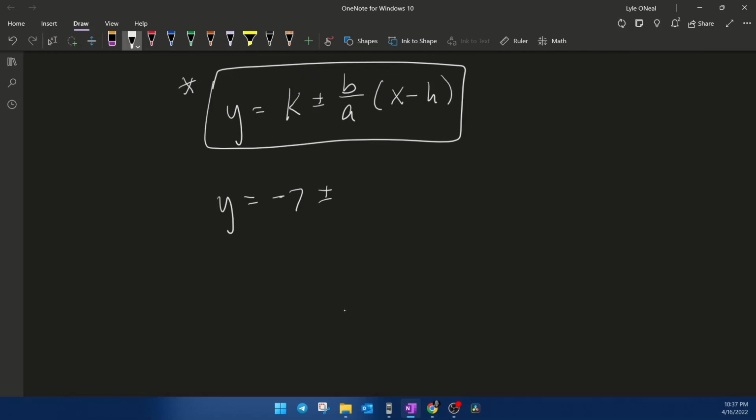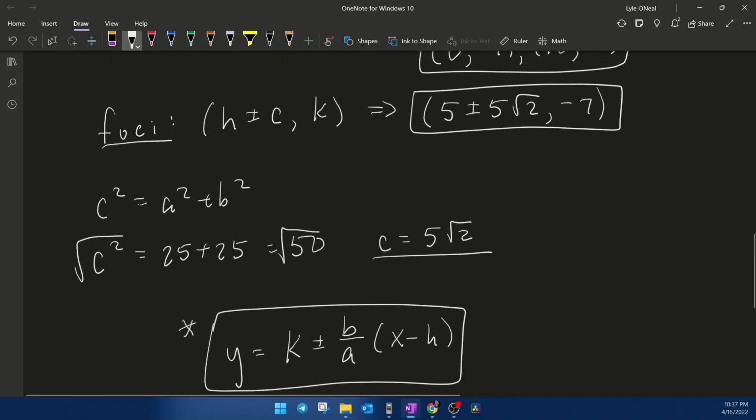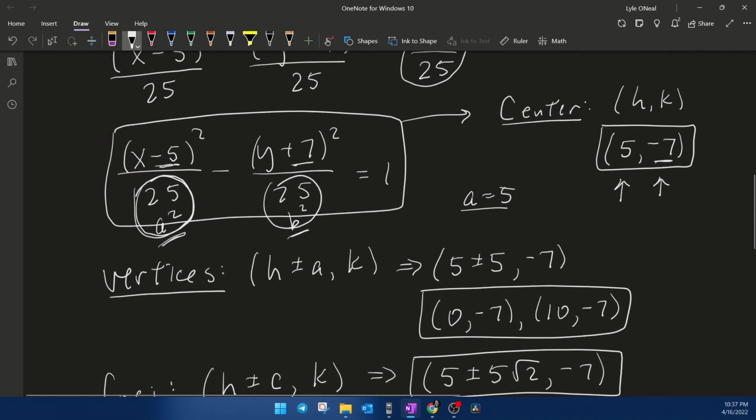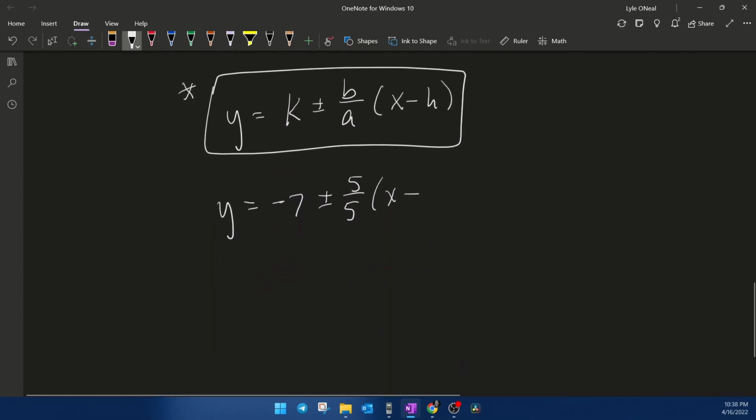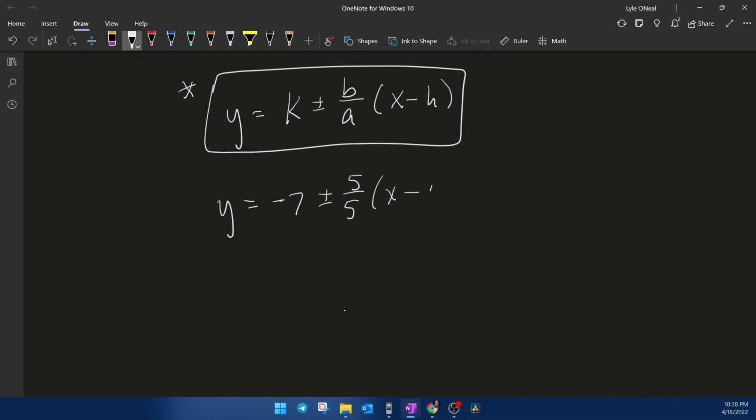And that's going to give us 5 over 5 times x minus h. And if we scroll back up, we can see that h was 5. So plugging that in there, x minus 5, and simplifying.